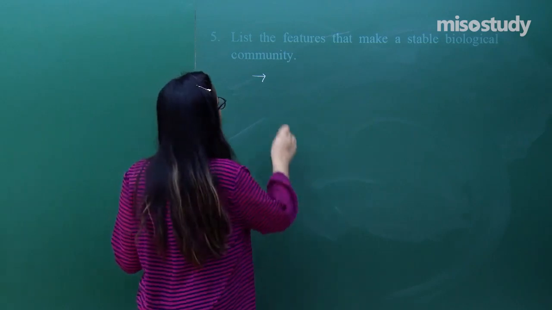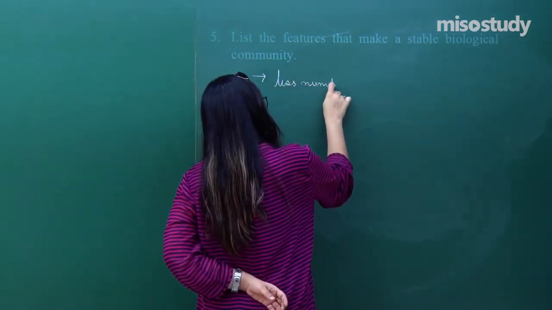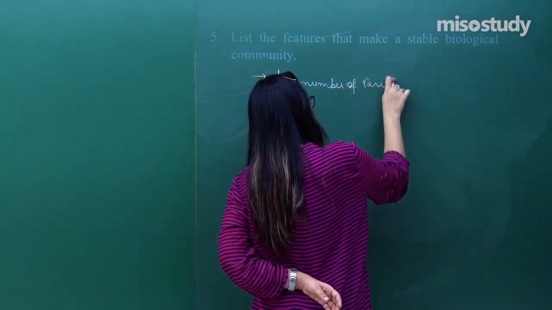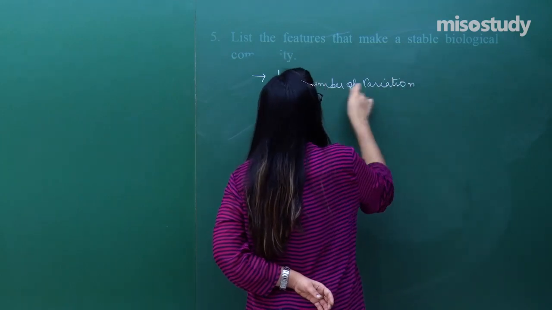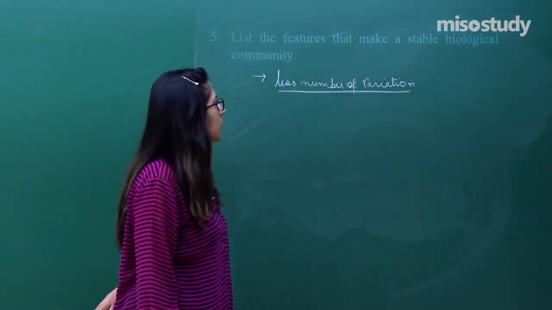First is a smaller number of variations. Per year, fewer variations are present.